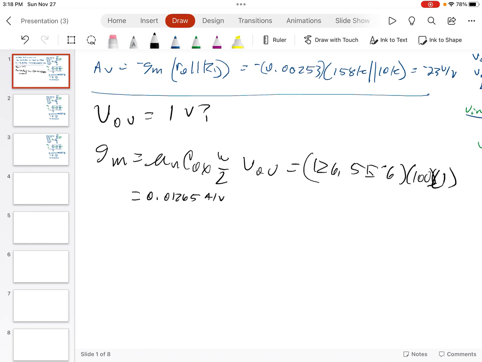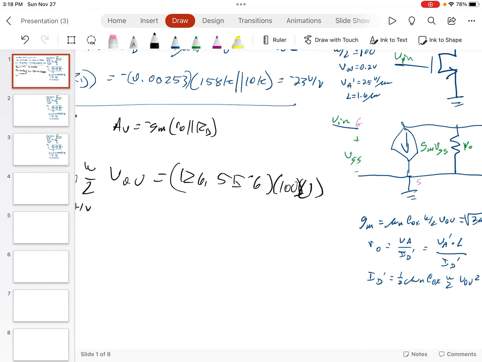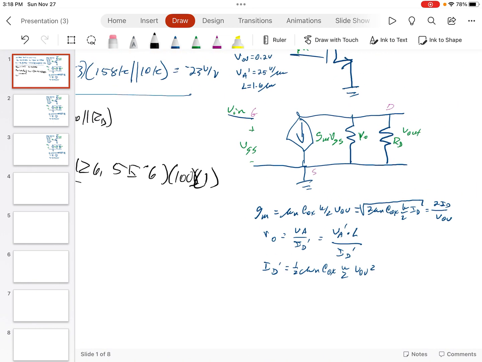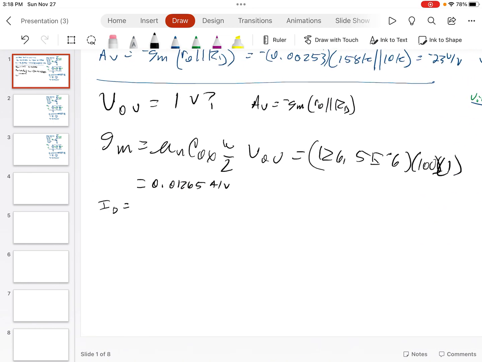Okay, but we also need to find R naught, because the gain is equal to minus GM R naught parallel with RD. We're not changing RD there, but when we change V overdrive, we must be changing the current, and that affects both GM and R naught. So we have to go back and calculate both those. So let's find the current. It's in the saturation region, so that's 1/2 UN Cox W over L times V overdrive squared.